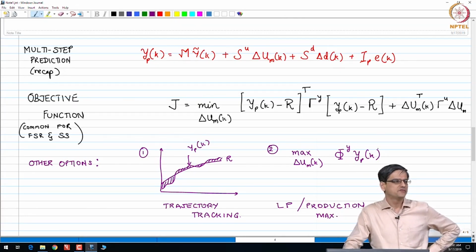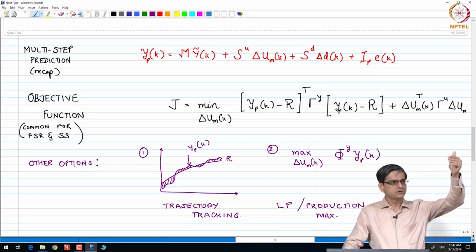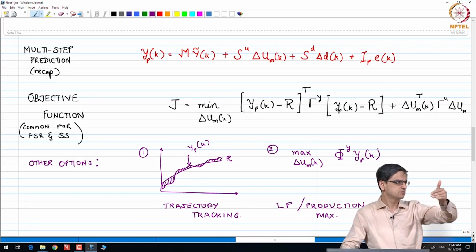Phi y would be kind of a cost function. So, for example, let us say your y's are concentration of product, concentration of reactant, temperature, temperature.